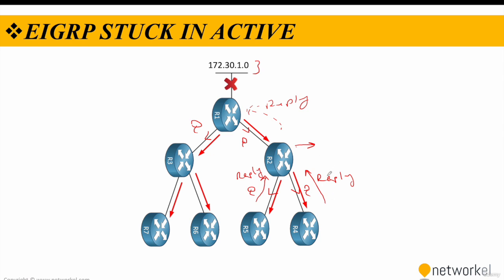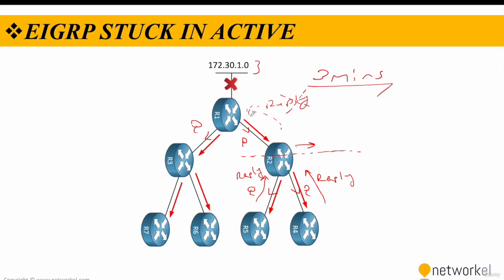These reply packets can reach router 2, but somehow, maybe because of a CPU issue with router 2, or maybe because of network congestion, these reply packets might not be forwarded to router 1. Consider a scenario where these reply packets are dropped at this point. Then what will happen? Router 2 won't be able to send a reply packet back to router 1 within 3 minutes, which is the default.